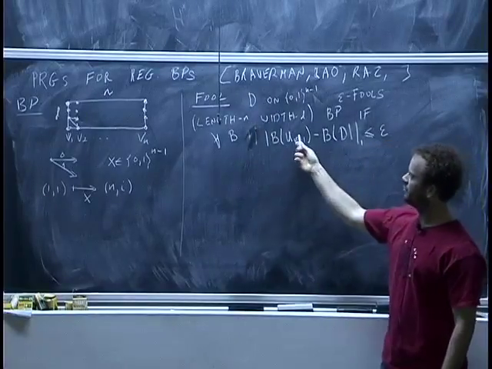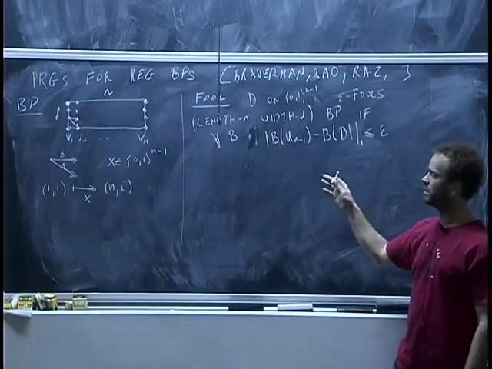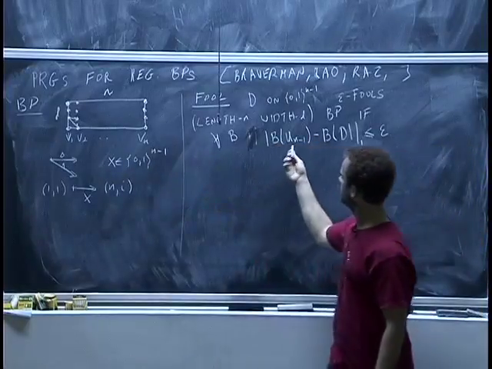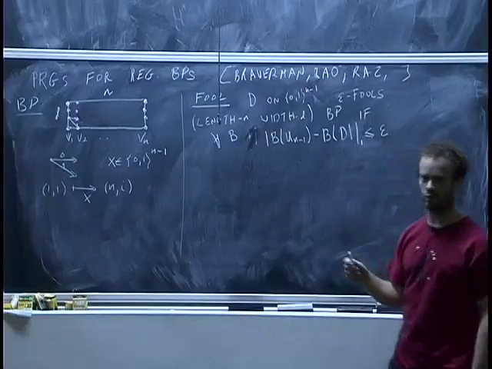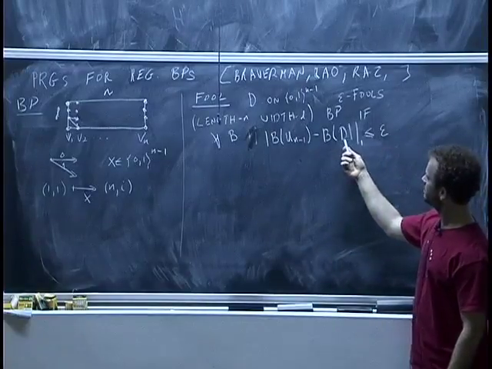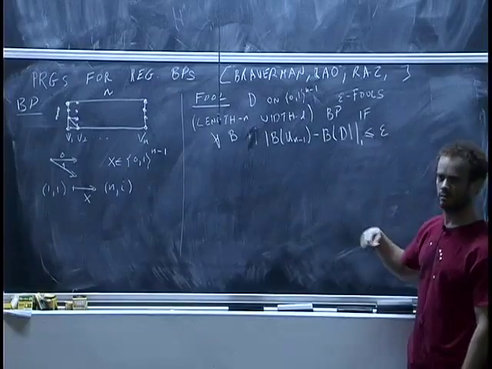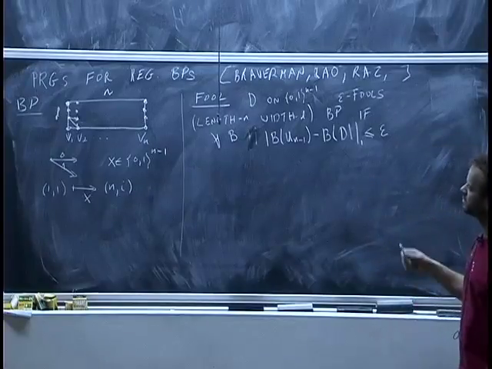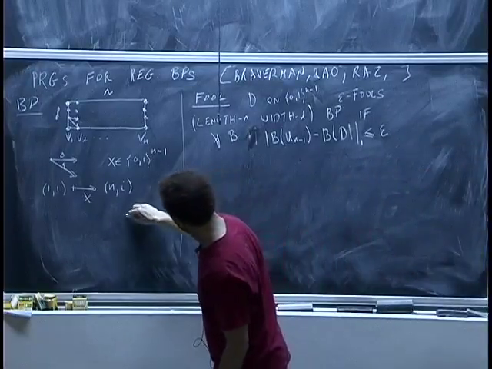Each one of them defines a distribution on the last layer of this graph. How is it defined? We choose x according to D, and then the value is B(x). So this is B(x), this value.